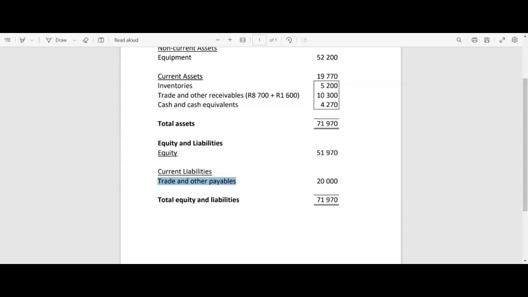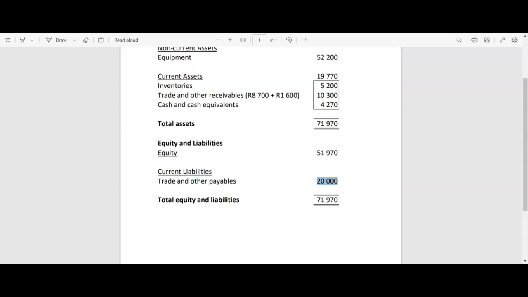Even though our ledger account might be called creditors control, or creditors, or accounts payable, when we disclose it in our statement of financial position, we disclose it as trade and other payables. In this case, there's only trade payables, and that is the amount that we still owe to that one supplier, the supplier of the equipment.